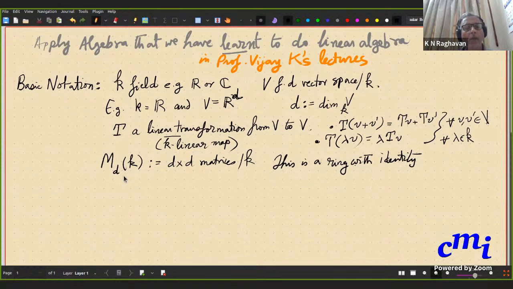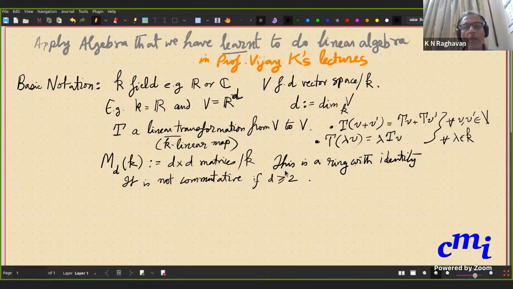It is not commutative, because we know matrix multiplication is not commutative, for d bigger than or equal to 2.